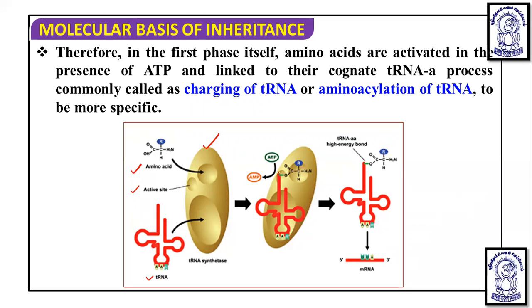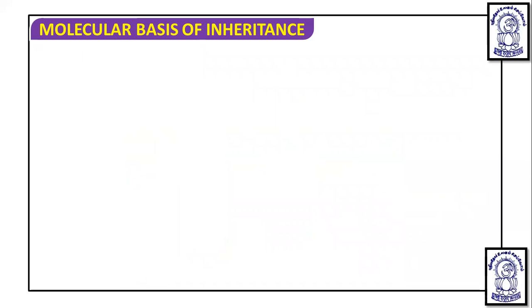This is the charged tRNA, and here is the active site where the reaction occurs. This is the mRNA, which has a codon. According to this, the anticodon will be there, and the codon codes for a specific amino acid. The tRNA with the anticodon for this codon will have that specific amino acid at the 3' end. So the tRNA-amino acid bond is formed, which is a high energy bond. That you should remember. This way, all the particular tRNAs bind their specific amino acids.